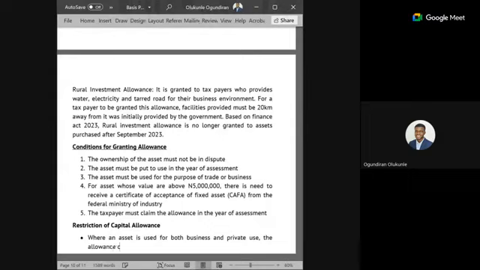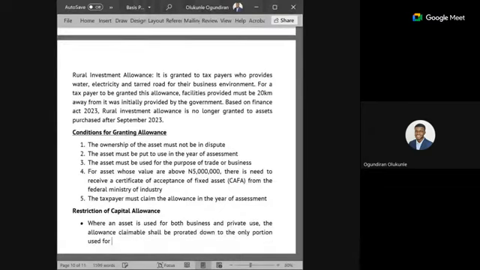The allowance claimable shall be prorated down to only the portion used for business purposes. That's one.